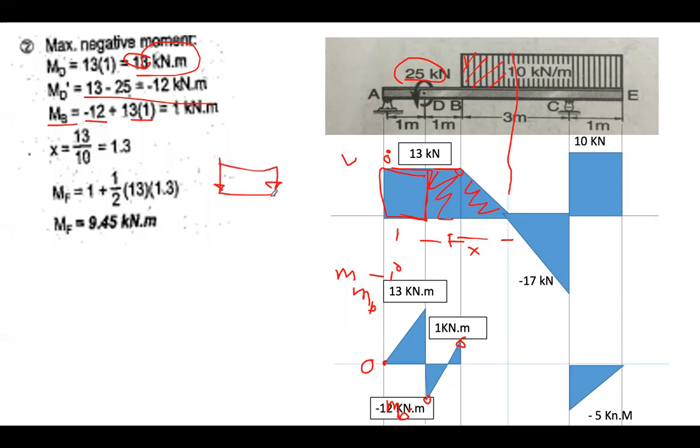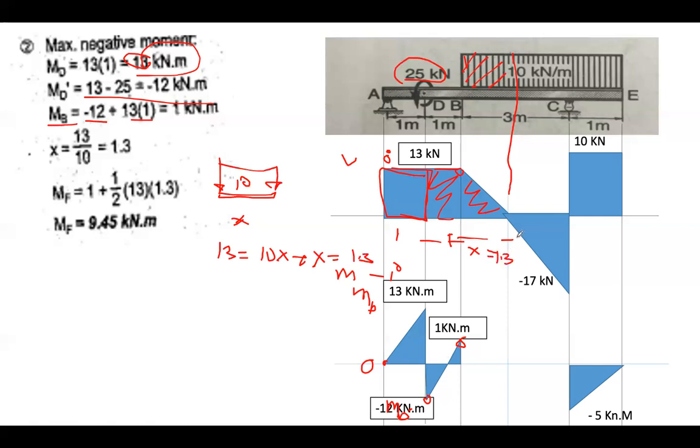Okay. You have here the beam. You have here 10. You have X. The corresponding value of shear is equal to 13. Is just equal to 10 times X. Obviously, you got X is equal to 13 divided by 10, 1.3. So this one is 1.3.